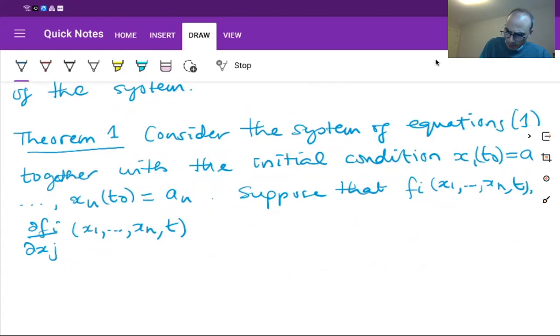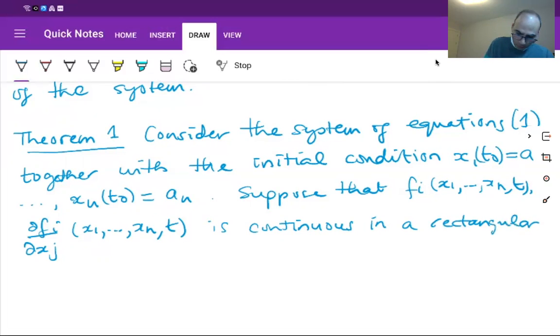Suppose that fi is continuous in a rectangular box where alpha 1 is less than x1 is less than beta 1.